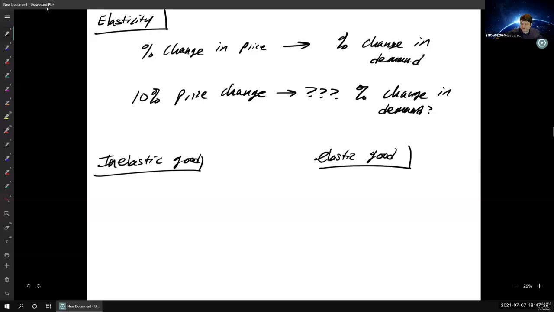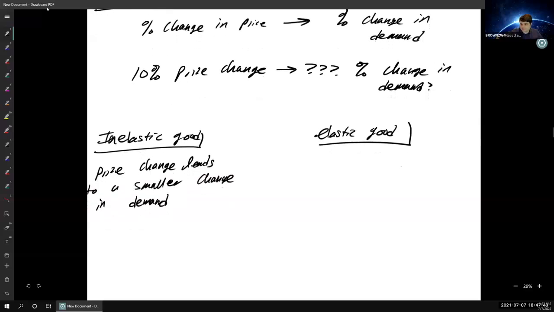An inelastic good is when a price change leads to a smaller change in demand. And when we say smaller, we mean relatively smaller. So if we have something like a 10% change in price, this leads to a 5% change in demand.